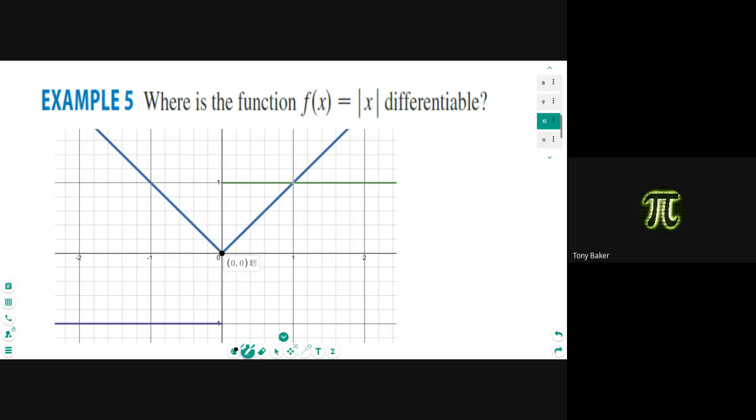Since the derivative is a limit, if I can't do the limit of it, I can't take the derivative of it. So in this case, it's differentiable from -infinity to 0 and 0 to infinity, but not including 0. Okay, I cannot find the derivative at 0 because it doesn't exist.